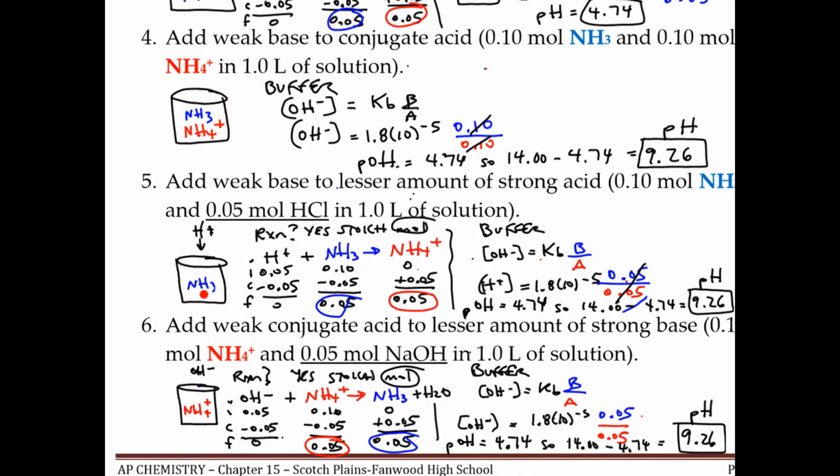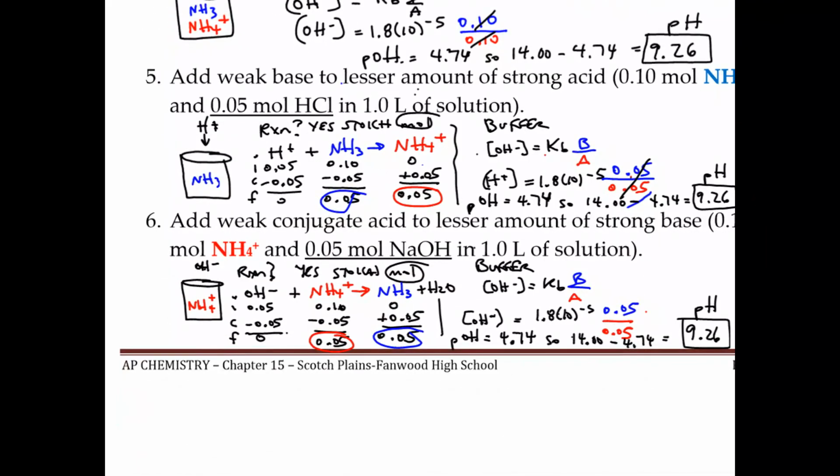If you take some of the weak base and add a strong acid, a lesser amount, you're going to turn this into this and make a buffer. And the last one, you're going to take a weak acid, add a strong base in a lesser amount, and turn it into a buffer as well.